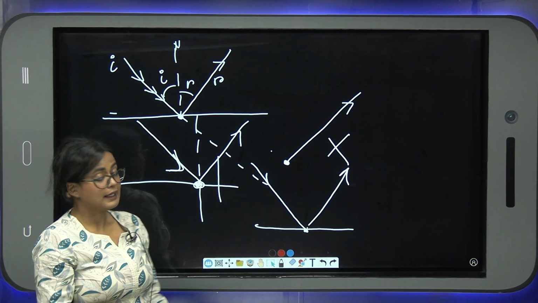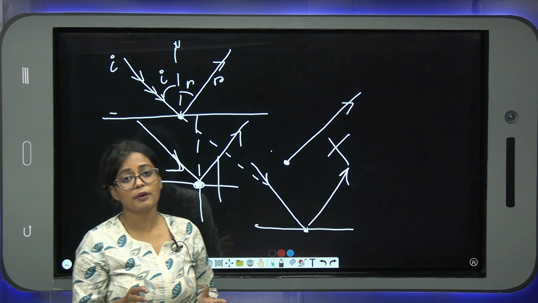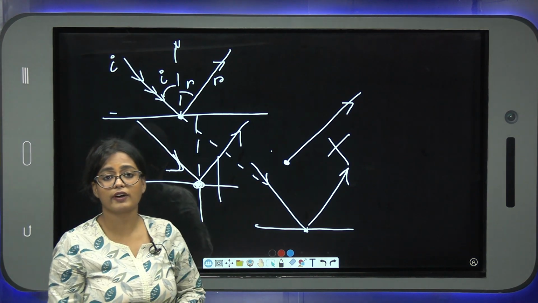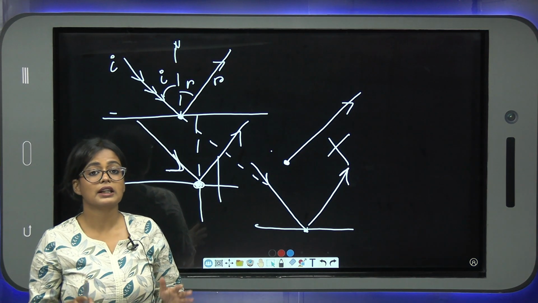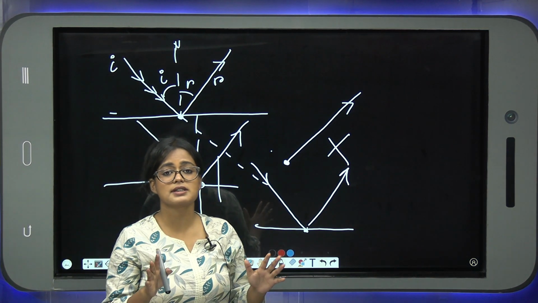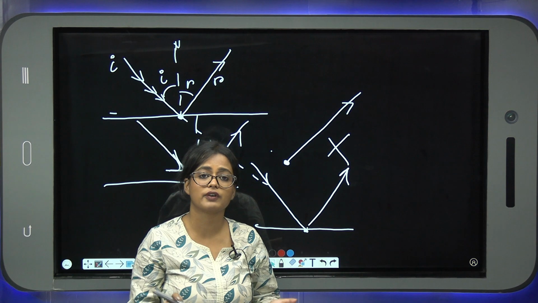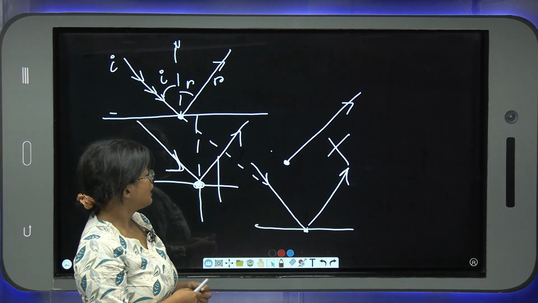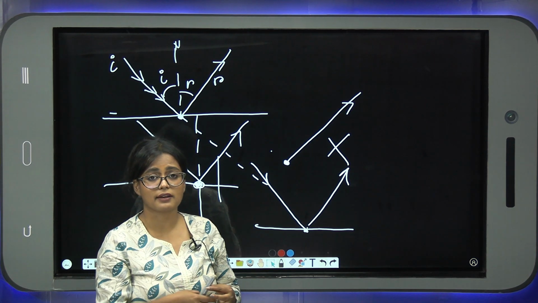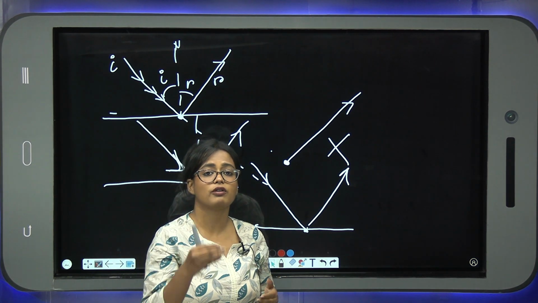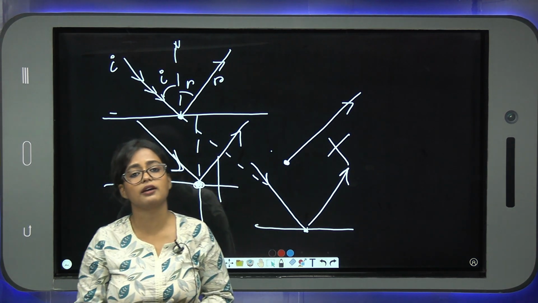Concerning light, there are other phenomena: there is reflection of light, then there is refraction of light, there is dispersion, diffraction, interference, and a lot of phenomena concerned with this chapter. Now, we all know that light travels in a straight path. If we put an object in front of us, it will cast a shadow behind the object.